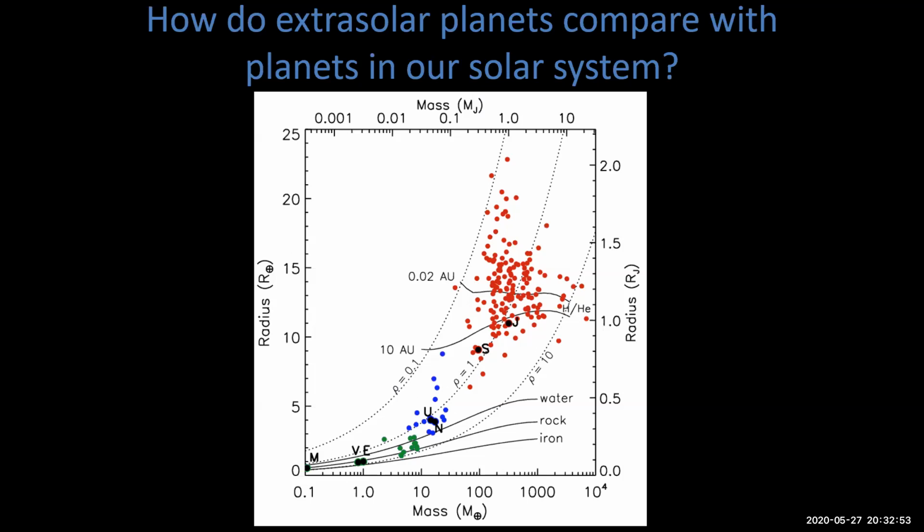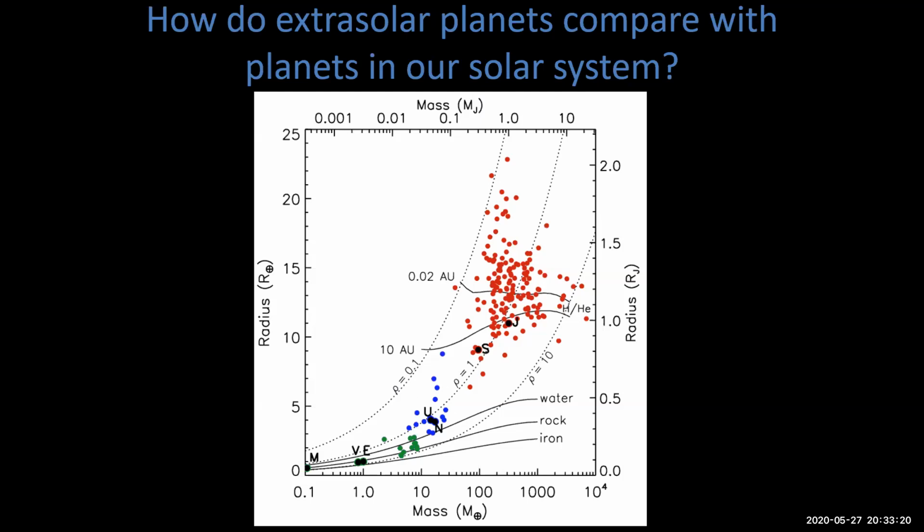Terrestrial planets plot in a specific zone on this graph. Those planets are outlined or represented in green. The green planets are all the rock terrestrial planets that have been detected.